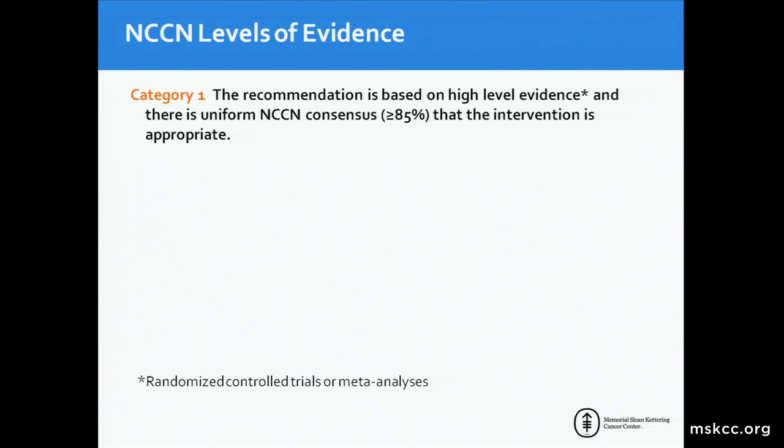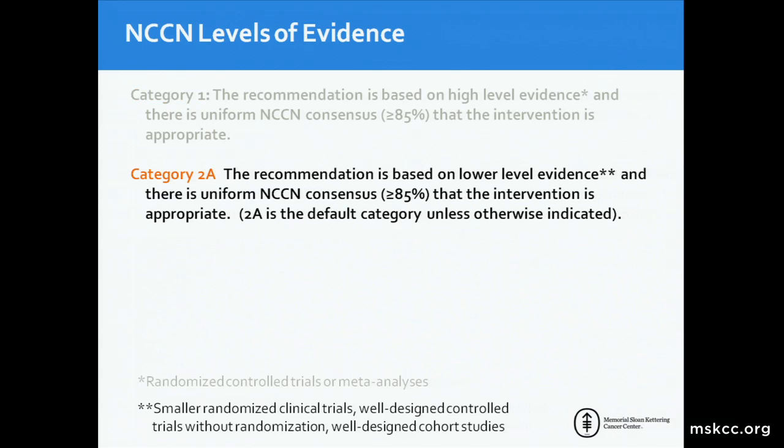So we also have to have standards of evidence. Category 1 is where there's a high-level evidence, either meta-analyses or prospective randomized trials, and there has to be uniform consensus. More than 85% of the members of the panel have to agree.